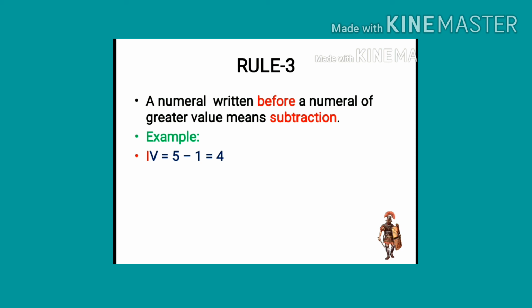So, V is equal to 5 and I is equal to 1. So, you have to subtract the number here, 5 minus 1, which is equal to 4. Now, I X, because the greater number is 10, the number 1 is subtracted from it and you get 10 minus 1 is equal to 9. So, I hope you have understood, children.